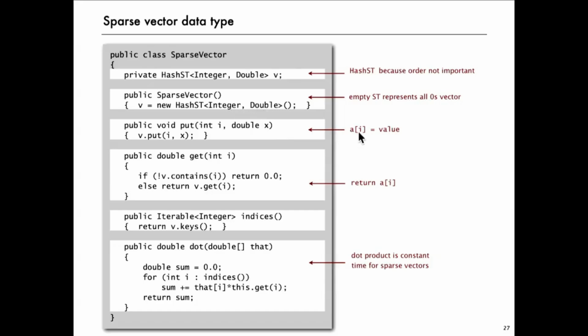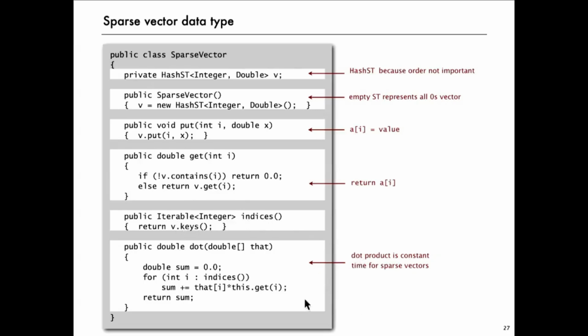So the put, which stores a value associated with an index i, just puts into that hash table, associating key i with value x, an integer with a double. And get returns 0 if the index key is not in the symbol table, as the whole point was that we don't represent zeros. Otherwise, it returns the value associated with the index. And the iterable just returns all the keys to iterate.